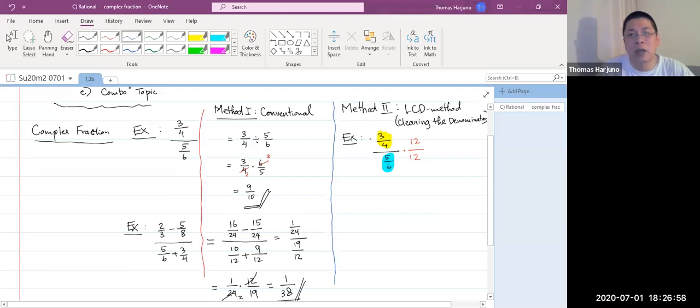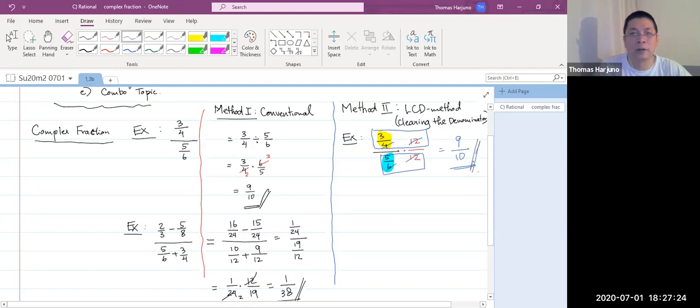Because LCD for sure is a multiple of the denominator, therefore it's cancelable. 12 divided by 4 is 3, multiplied by 3 gives us 9. Over 12 divided by 6 is 2, multiplied by 5 is 10.